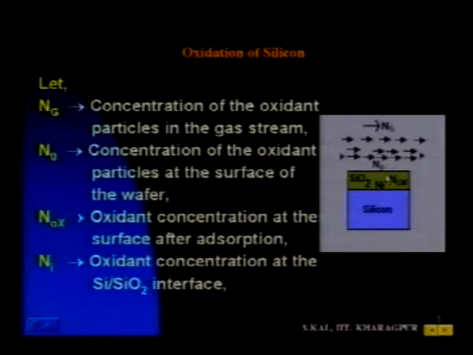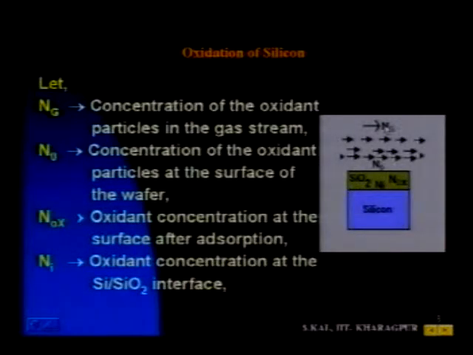Those oxygen molecules will diffuse through this silicon dioxide layer and they will reach the interface. At the silicon-silicon dioxide interface, let the oxygen concentration be Ni. That means till now you have 4 concentrations.